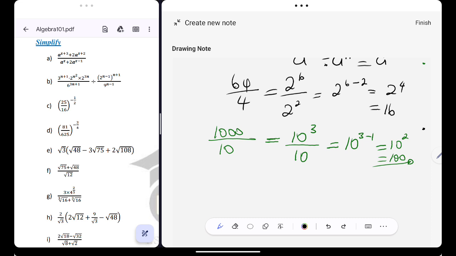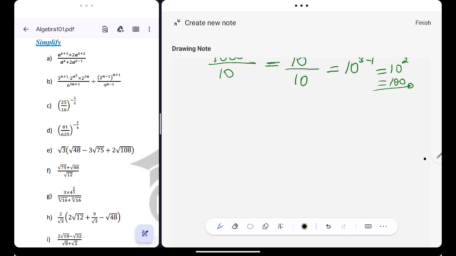Okay, and then law number 3. Law number 3 simply tells us that exponents and powers multiply one another. If you have a to the exponent m all raised to the power n, it will say a to the power m multiplied by n.